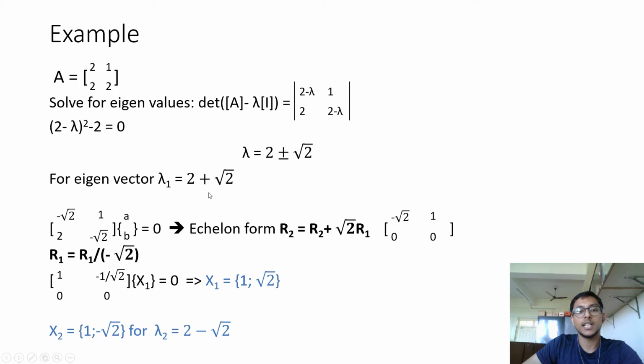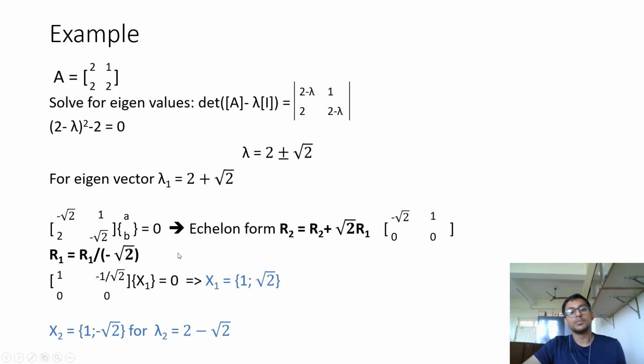Now let's calculate the eigenvector for the first lambda, that is 2 plus root 2. When we substitute this lambda into this expression, with a and b being the elements of the eigenvector, we get this homogeneous equation.